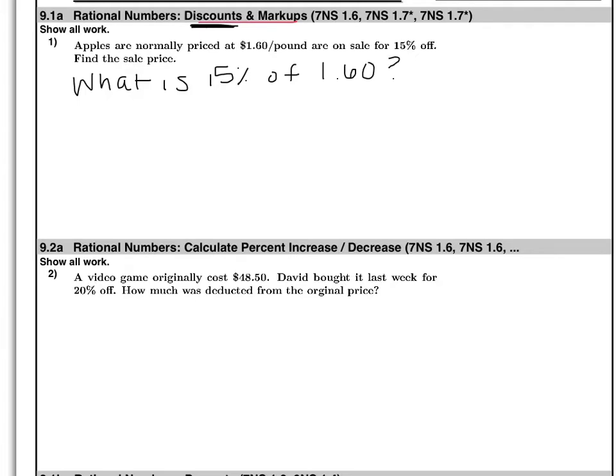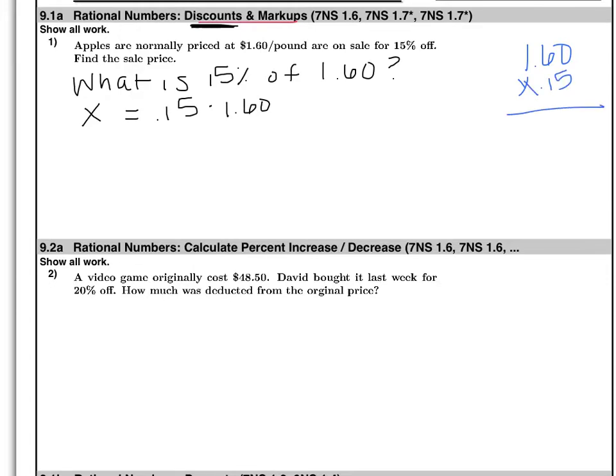And when we find that amount, then we can subtract it. So X is equal to 0.15 times 1.60. And off to the side of my paper, I might do my math of 1.60 times 0.15.